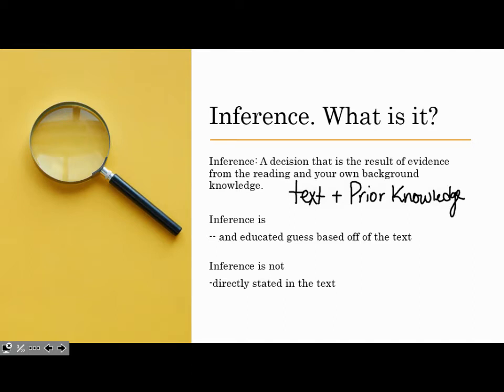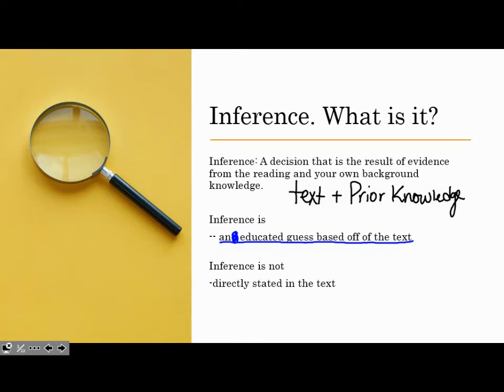For a good definition, and this is something that we should write down, we are going to say that an inference is an educated guess based off of the text. And I just realized that I made a spelling error here. This should say an educated guess. So let's talk about this for a minute. When I make a guess, I know that I am trying to choose an answer that I may not already have a 100% answer for.